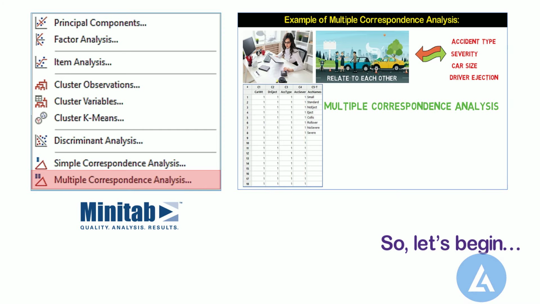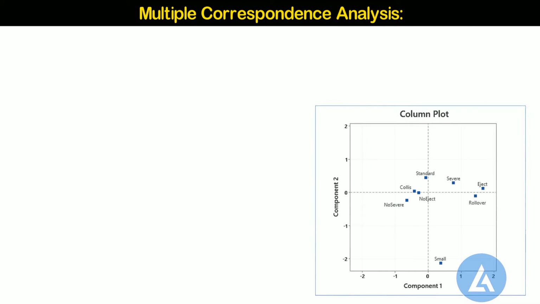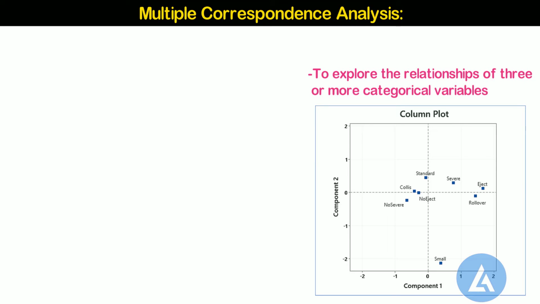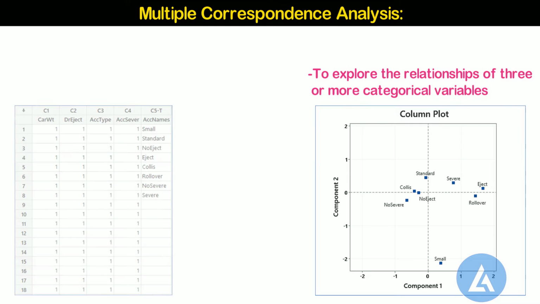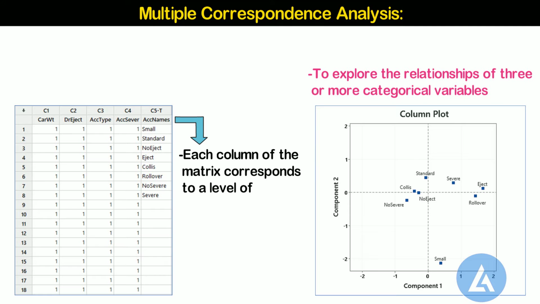So, let's begin. Multiple correspondence analysis. Multiple correspondence analysis is used to explore the relationships of three or more categorical variables. Multiple correspondence analysis performs a simple correspondence analysis on a matrix of indicator variables, where each column of the matrix corresponds to a level of the categorical variable.